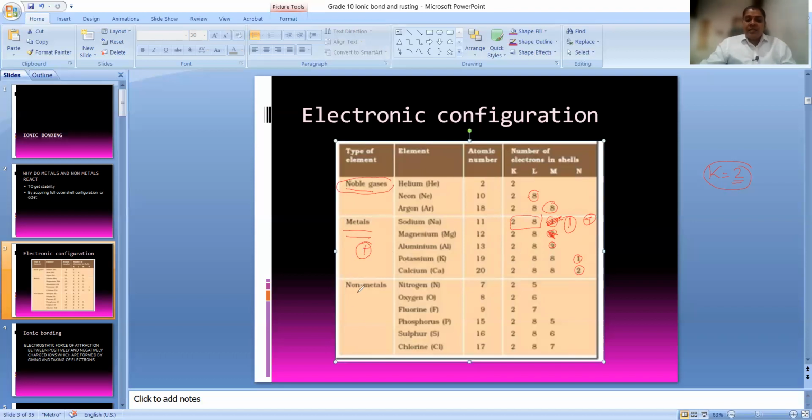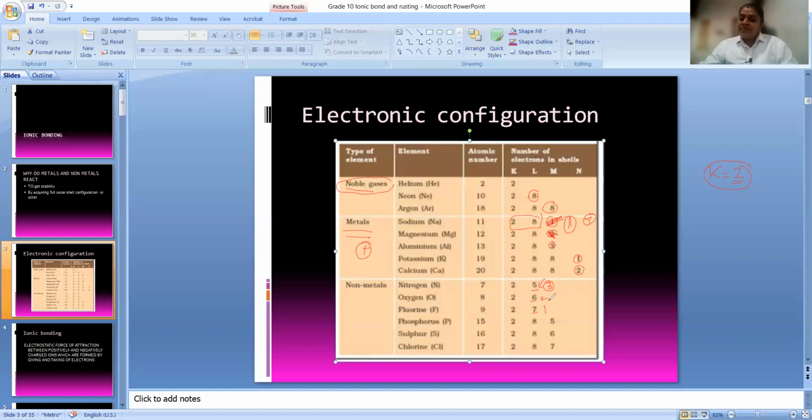Okay. Now let us see the case of non-metals. See how many outer shell electrons are there. They have a larger number of outer electrons, right? Nitrogen only needs three electrons, and here two, here one, like that. So in the case of non-metals, receiving electrons is better than losing these many electrons, 5 electrons, right?